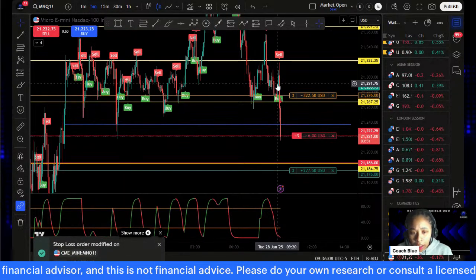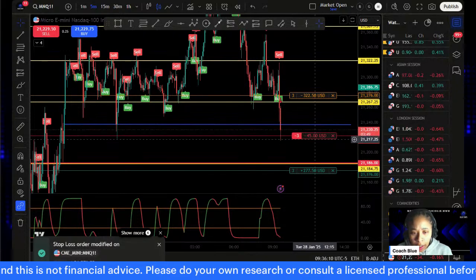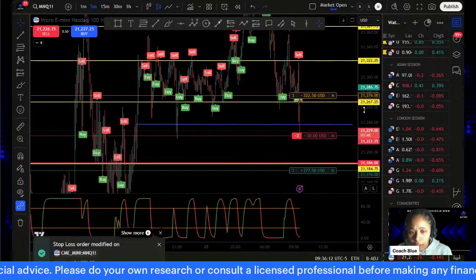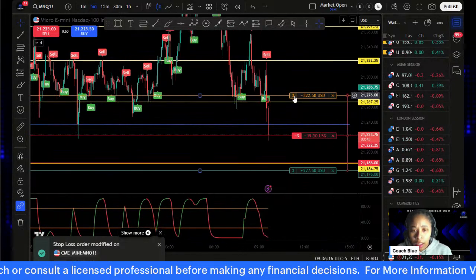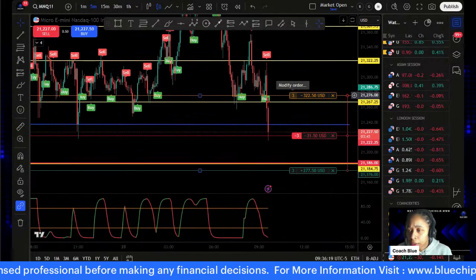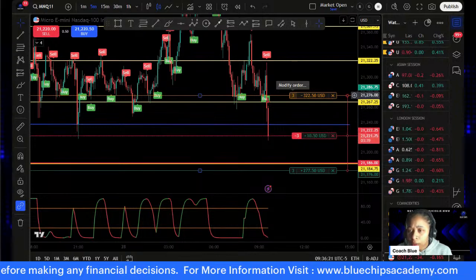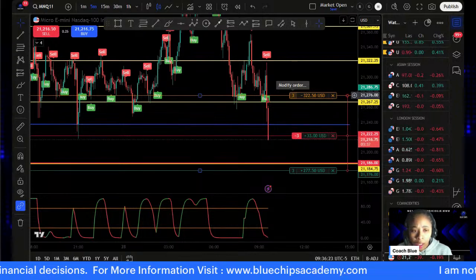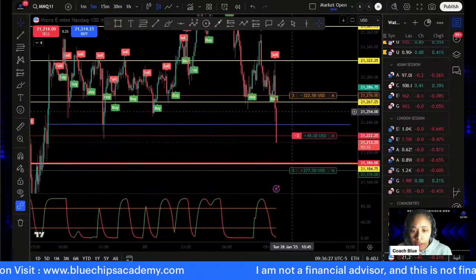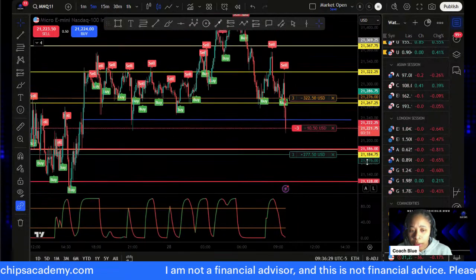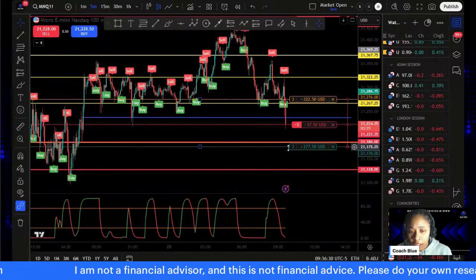So for this sell, looking at the levels, I'm going to put the stop loss at 21,267. TP1, I'm going to drag this one down to TP2.